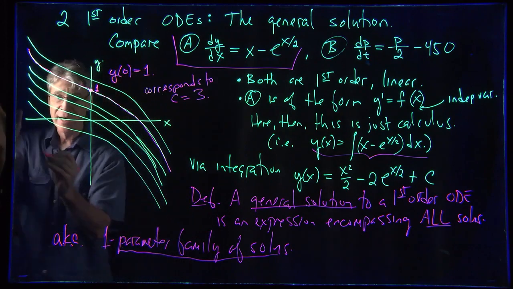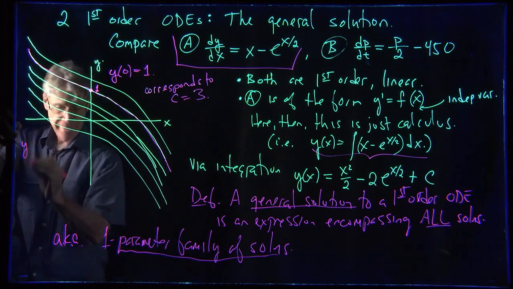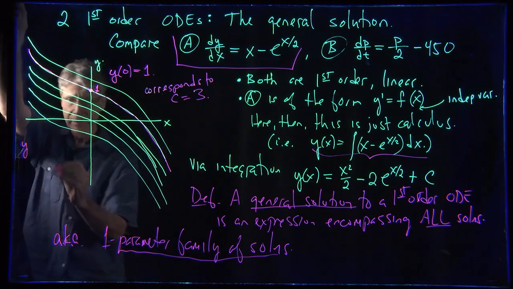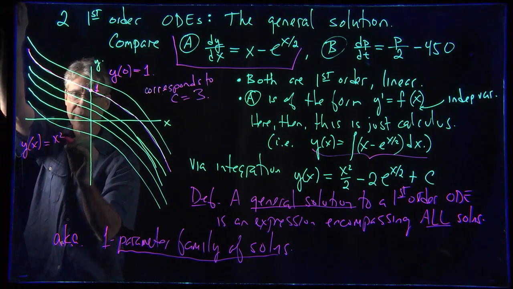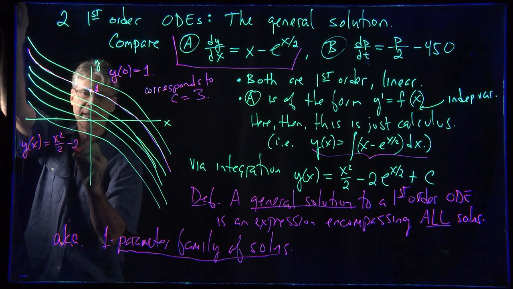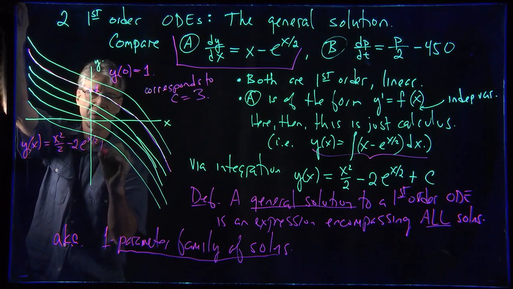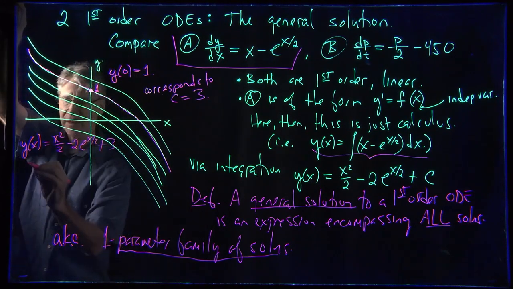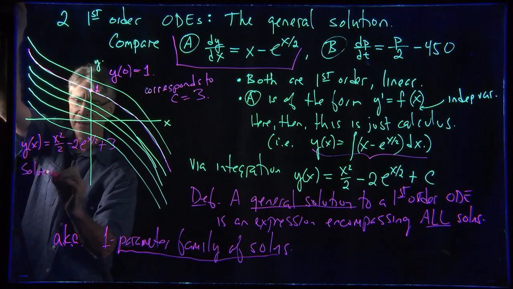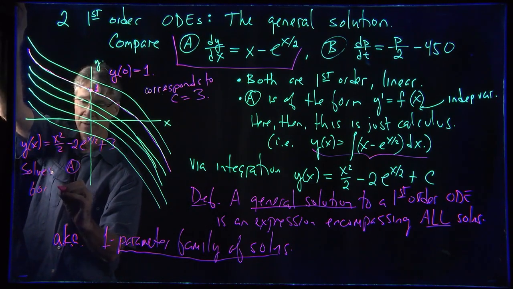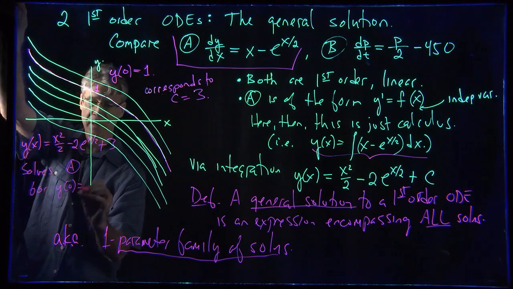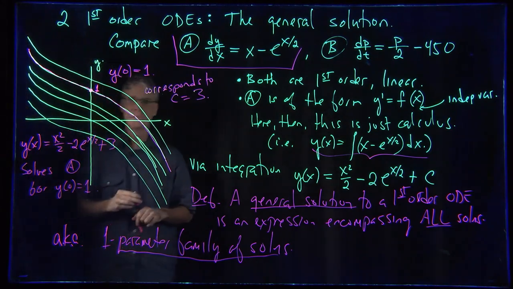So in essence, I can say that y of x equals x squared over 2 minus 2e to the x over 2 plus 3 solves the problem for y of 0 equals 1.